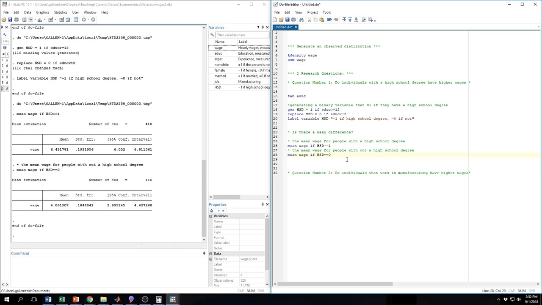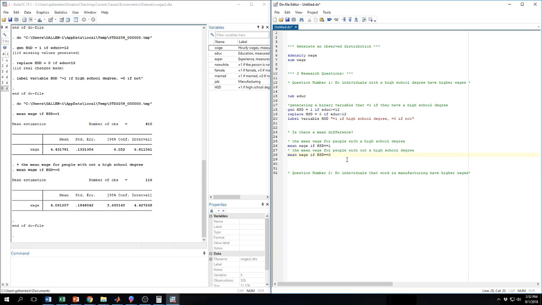But now we know better. Now after we've done hypothesis testing, we know better. Now we know that that mean difference, the difference in the means at 2.3, might not mean that in the population there actually is a difference. That 2.3 difference could just be by chance.